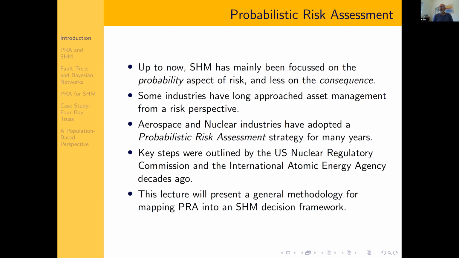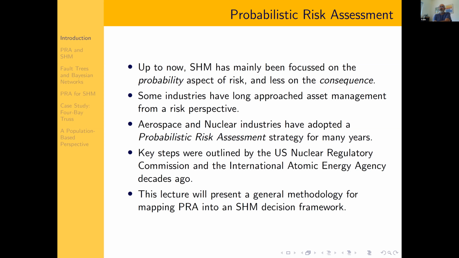A lot of industries have approached asset management from a risk perspective for a long time. And particularly the aerospace and nuclear industries have adopted this probabilistic risk assessment strategy. And the US Nuclear Regulatory Commission and the International Atomic Energy Agency laid down the groundwork for this decades ago. I mean, the first report I've got for this was in 1975, and it's by no means the first one.